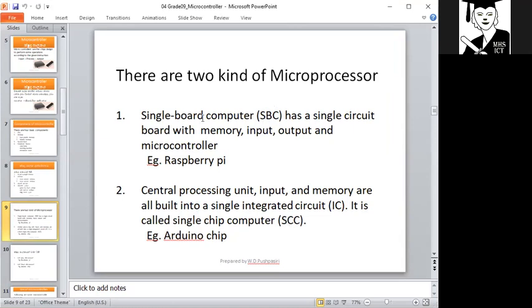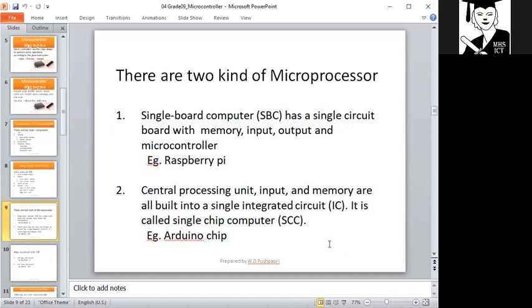What is SBC? Single board computer. That means one single board that has a single circuit board, which has the memory, input, output, and the control, everything. For example, we can say the Raspberry Pi circuit board.